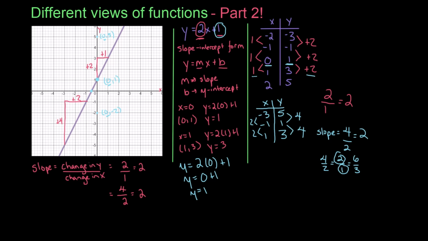So we're going to look at this negative 1, 1 point here, and let's just pull it down here. Instead of incrementing by plus 2 on our x and plus 4 on our y, we're going to increment by plus 1 and plus 2. So negative 1 plus 1 is 0. 1 plus 2 is, this is supposed to be negative 1, 1, I'm sorry.